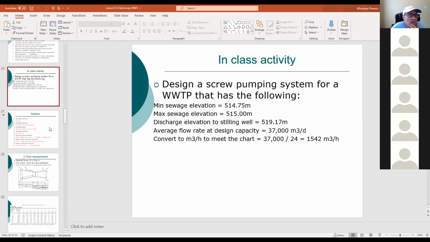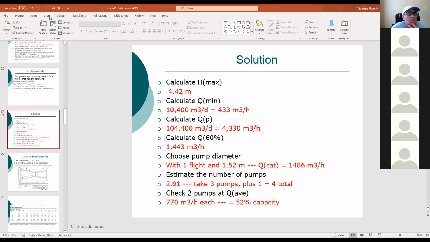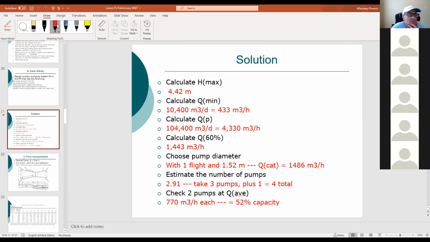Okay, let me go here. So Q average, this is what we know, 1542, that's meter cube per hour. Is that correct, guys? Yes. Now you need Q minimum and Q peak. These you need factors for.